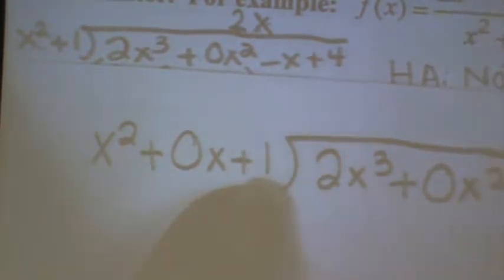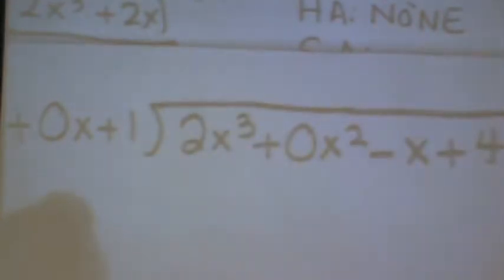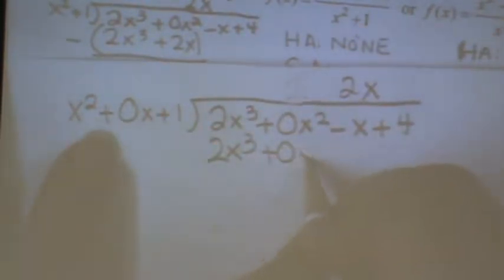Let me do this right. So we need 2x, right? And it's going to be a line, linear, because it's 1 degree higher on top. So 2x times this is 2x cubed. This times this is 0x squared.